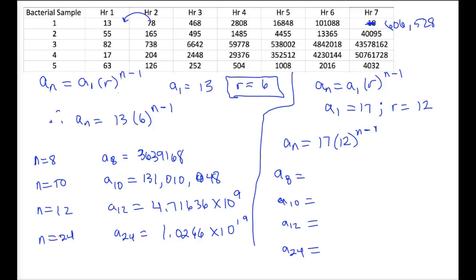And then you want to answer other questions like which strain of this bacterial sample, E. coli bacterial, had the highest growth rate. In other words, which had the highest value of r, and which one had the lowest growth rate, which one had the lowest value of r, or the lowest common ratio.